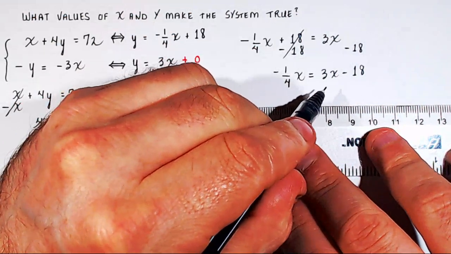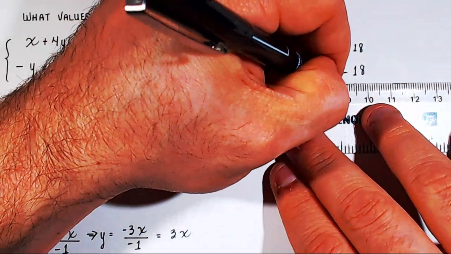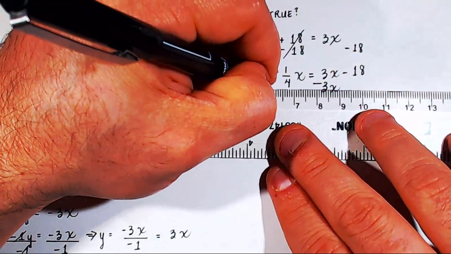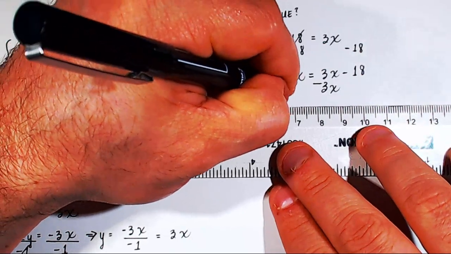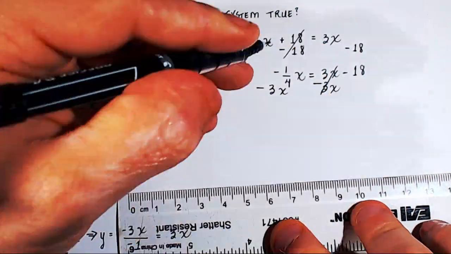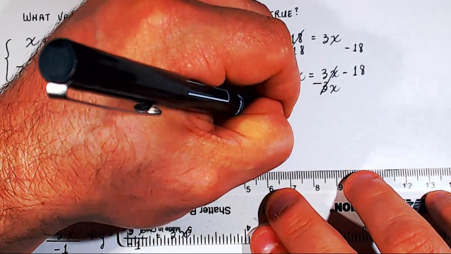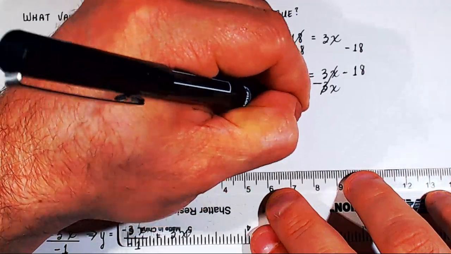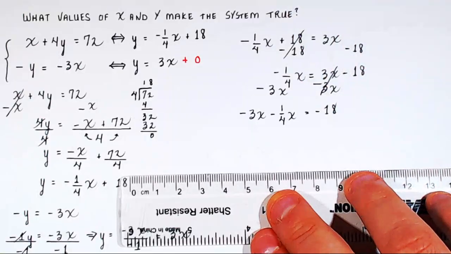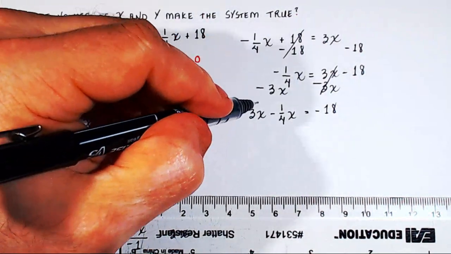Okay, well, what I want to do now is get this x value over here on the left. So I'll subtract out 3x on both sides. Okay, on the right side the 3x's cancel out, and on the left side I have negative 3x minus 1/4x equals negative 18. In order to proceed, we have to get 3 in terms of 4.